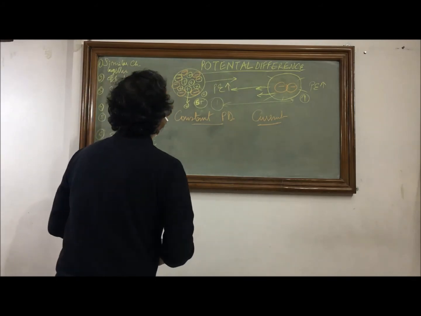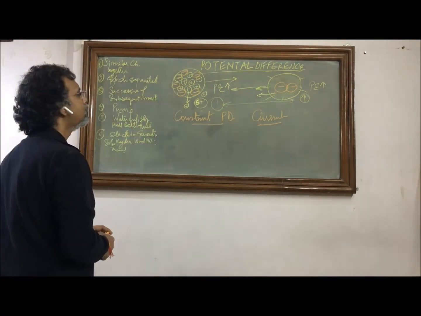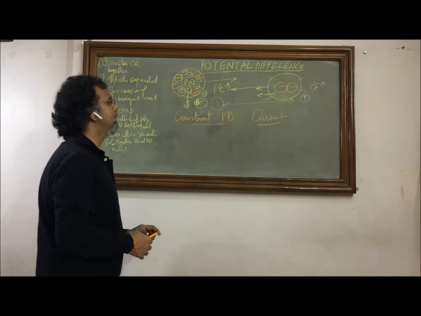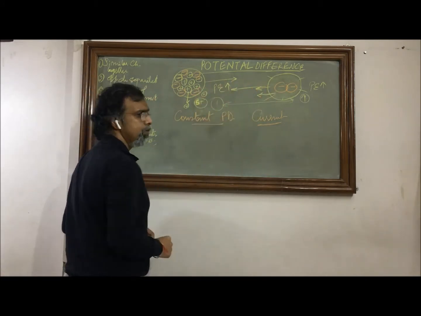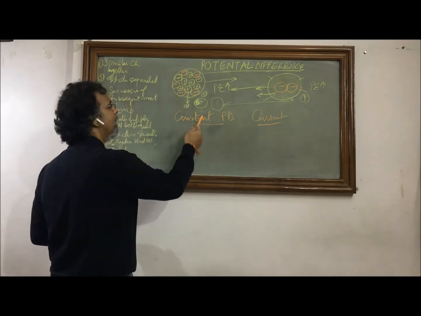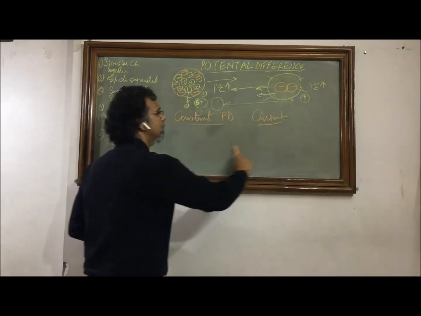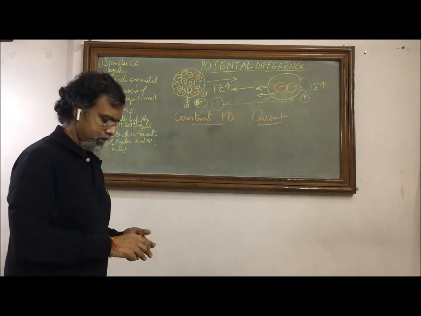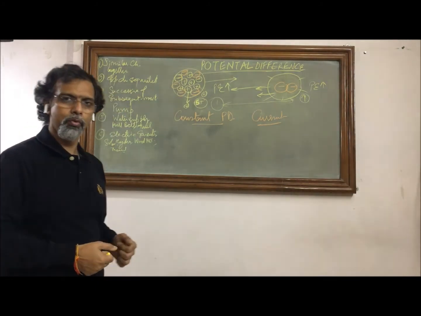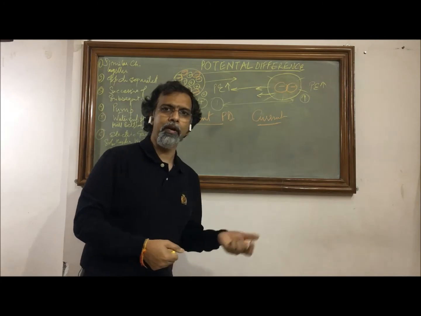How is it possible? The only way I can find is, a charge moves from here to here under potential difference, and the same charge is removed back from this place to this place by some other source of energy. This is exactly what our generators do. This is exactly what a battery does.